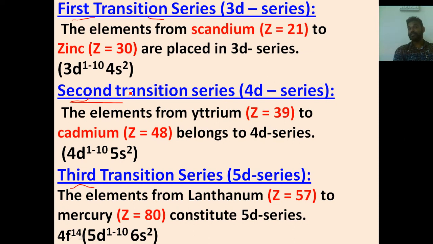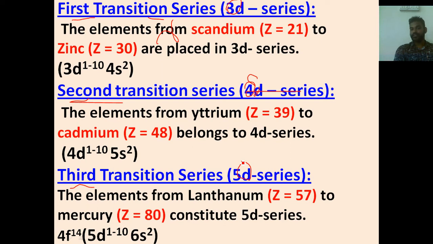Don't confuse with the 3d, 4d, 5d. 3d series means the successive addition of electron takes place to the 3d orbital. If we are calling 4d series, it means the successive addition takes place for 4d series, and 5d series means the successive addition of electrons takes place to 5d series.